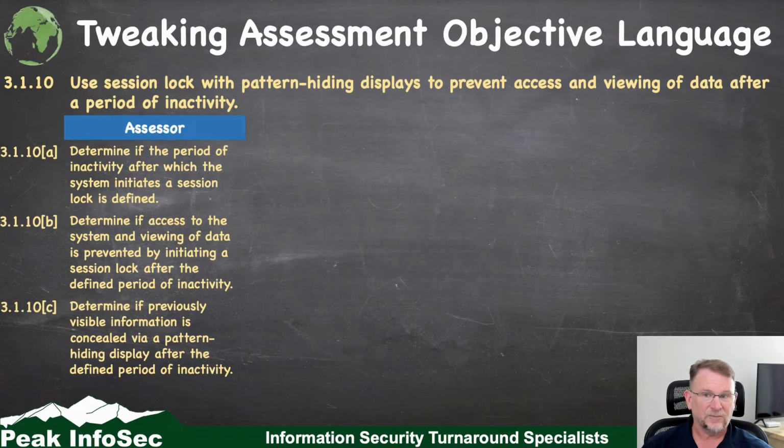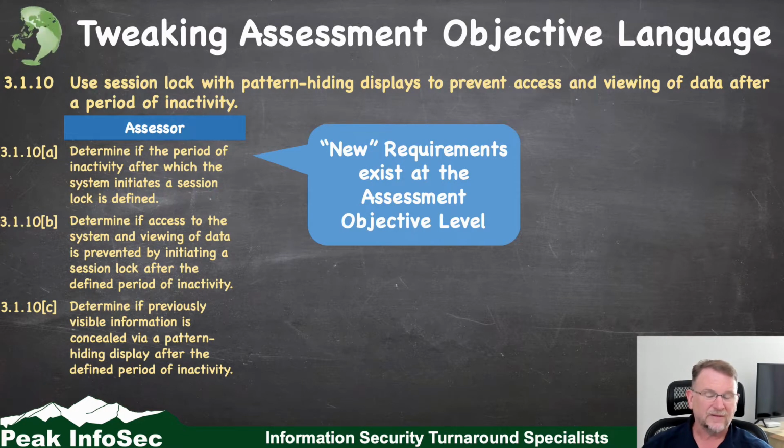So the very first part is that as an assessor, this is the way we read it. Determine if the period of inactivity in which the system initiates a session lock is defined. Oh, that's a new requirement at the objective level. You will not find that define verb up in the actual requirement.